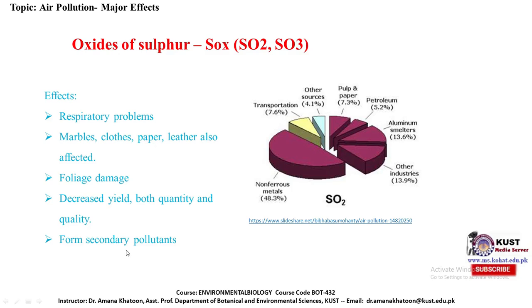And at the end, they form secondary pollutants also, like oxides of nitrogen, oxides of sulfur. They are also involved in secondary pollutant formation. So of course that secondary pollutant would also be more dangerous compared to even the primary pollutants.